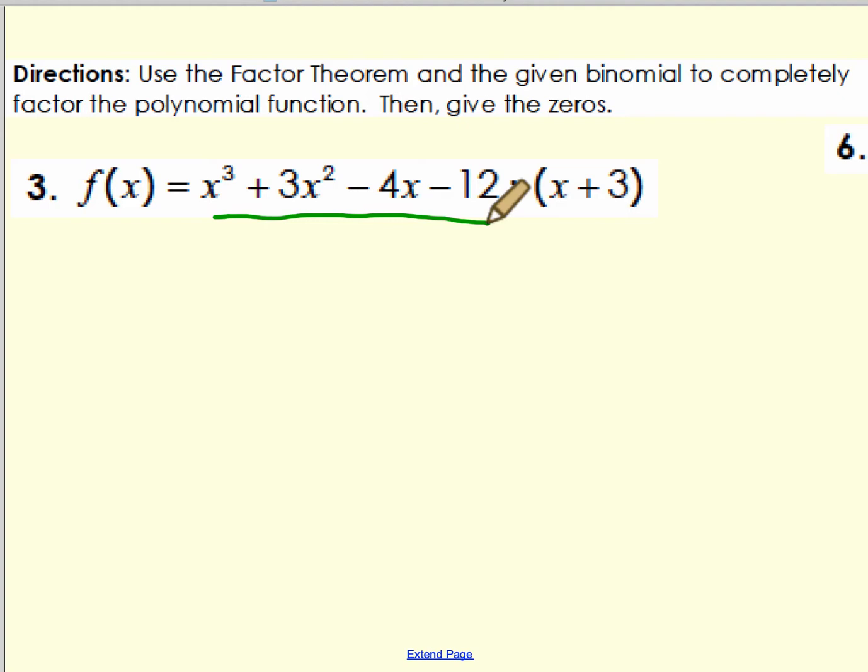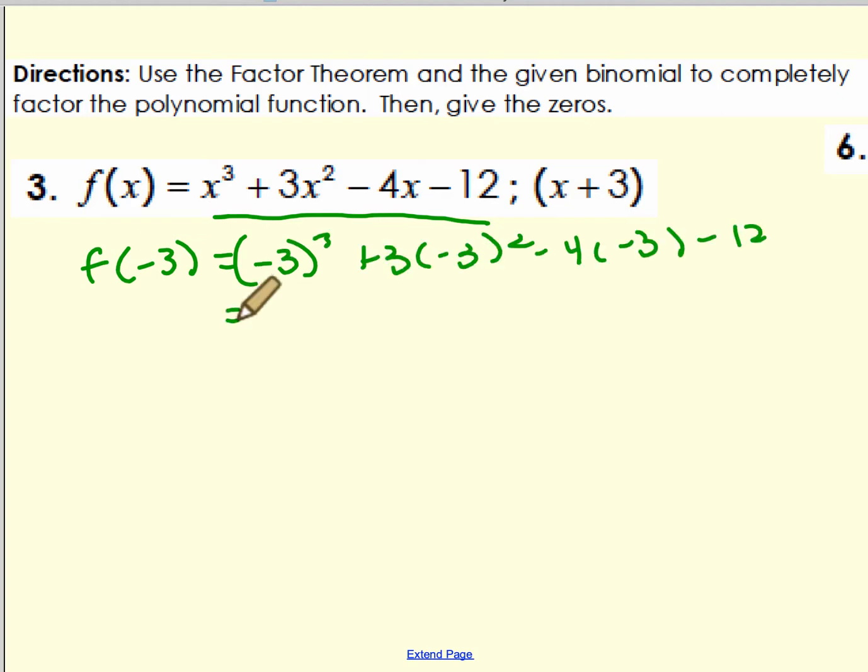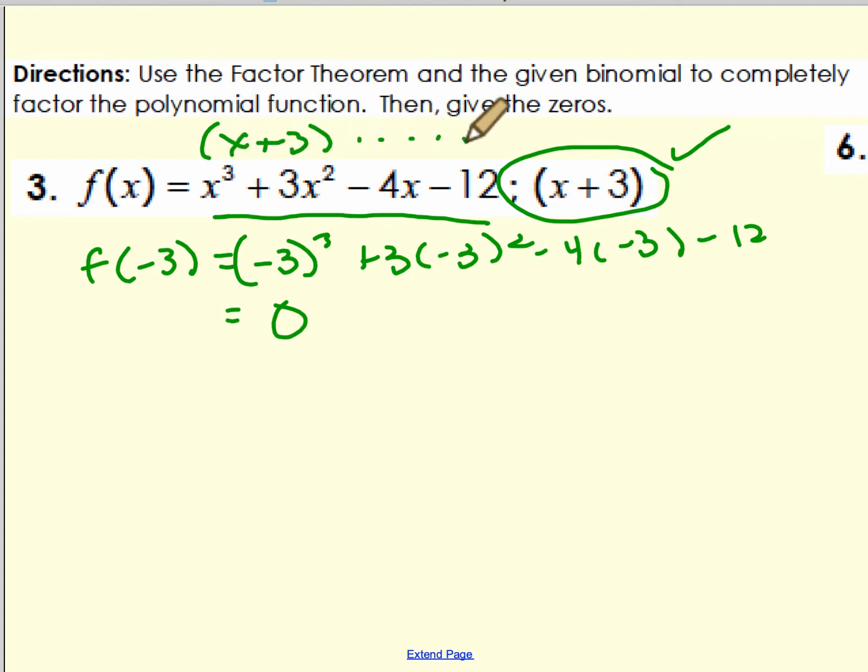First I'm going to test to see if x plus 3 is a factor. If it is, then when I evaluate it with the zero of x plus 3, I should get 0. And when I do that, I get 0. So what does it tell me? It's a factor. So I know that this is going to break down to x plus 3 times something else.